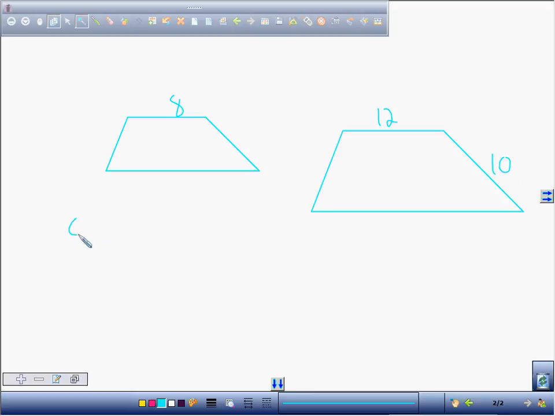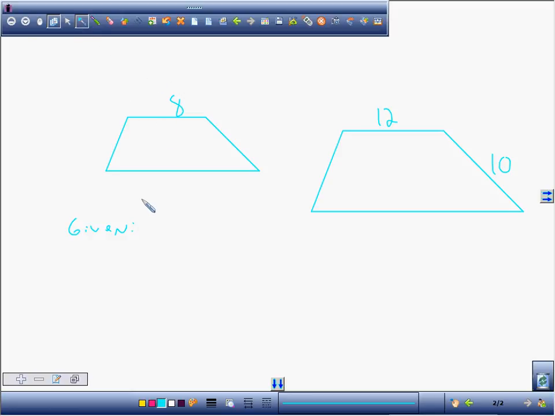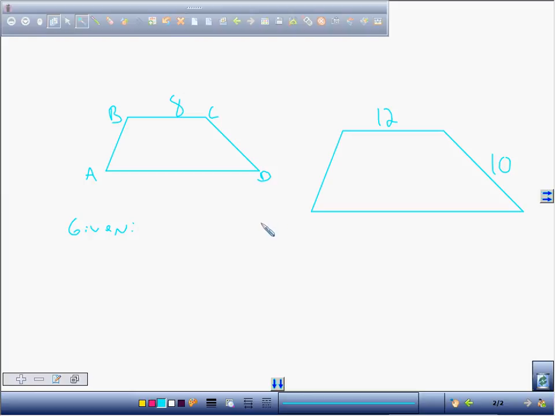And I will say, given ABCD, and EFGH, given ABCD is similar to EFGH.